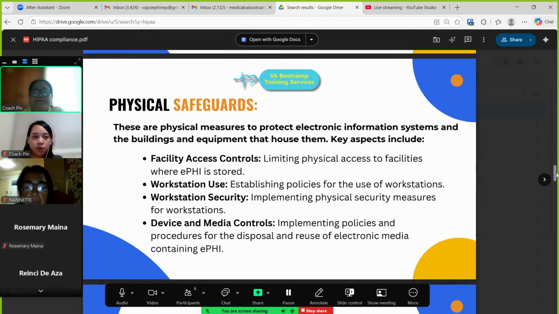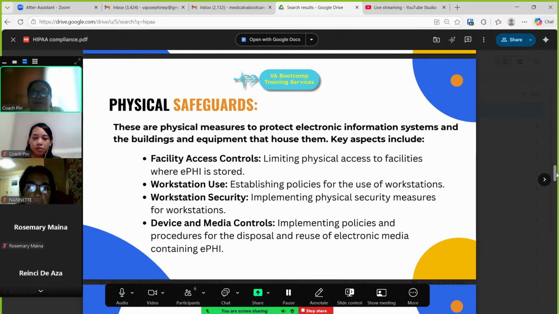All right. So for the physical safeguards, these are physical measures to protect electronic information systems and the buildings and equipment that house them. So what are the key aspects that include? So facility access control. So limiting physical access to facilities where EPHI is stored.